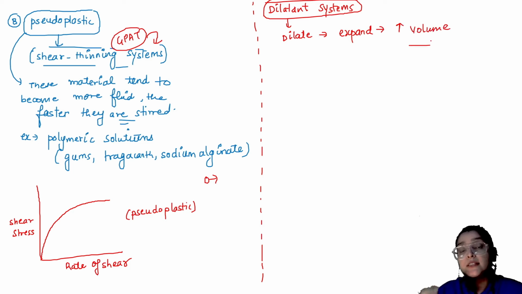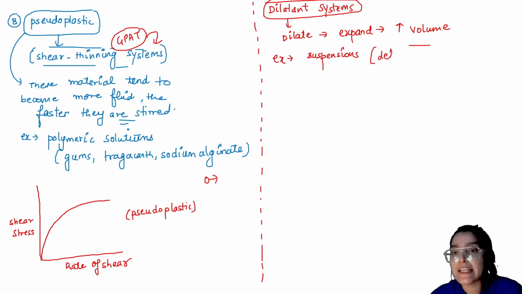Such systems are termed the dilatant systems. Examples of such systems include suspensions that contain deflocculating agents.